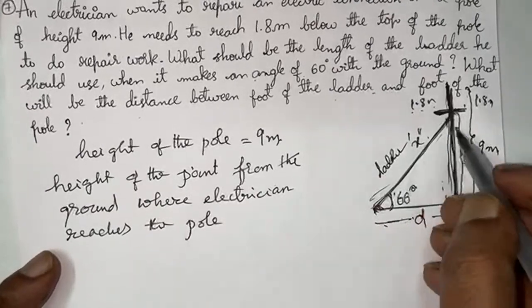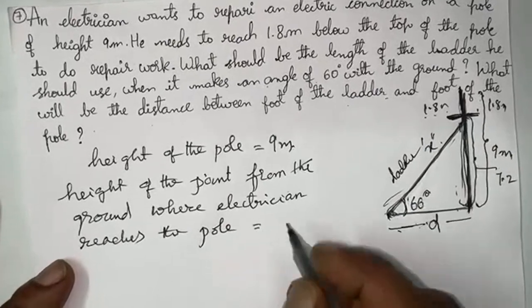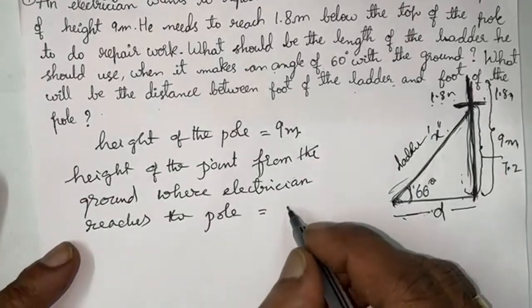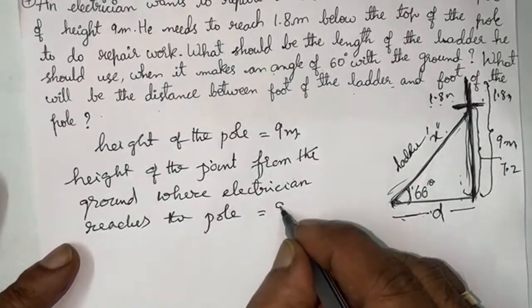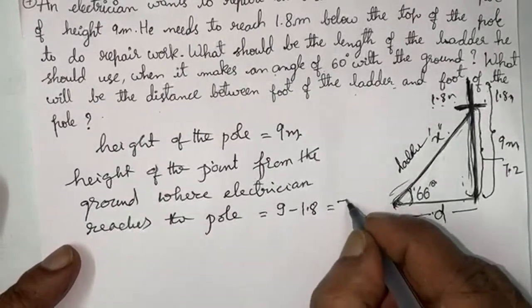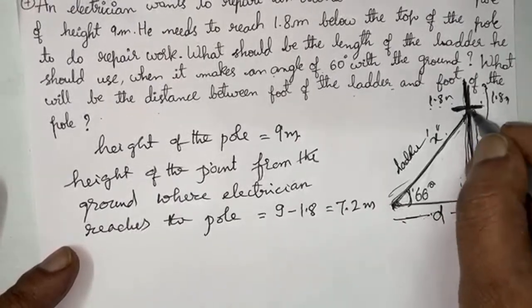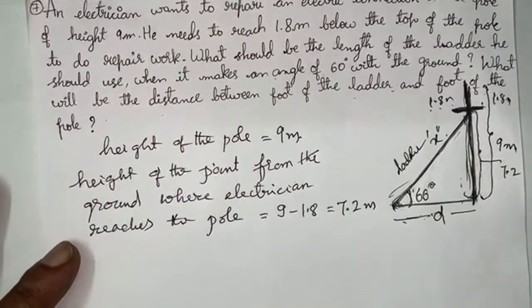Carefully see the steps. Actually, the electrician is not reaching the 9 meters, he is reaching only a certain height. What does that mean? 9 minus 1.8, he is reaching up to 7.2 meters height of the pole only. There only he has to arrange the couplings and repair the things.